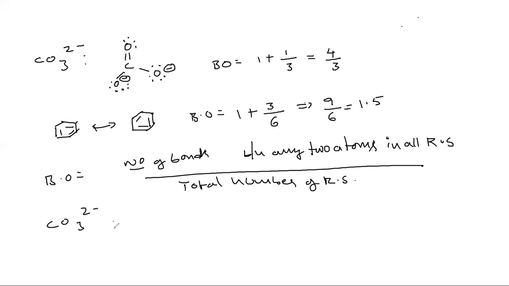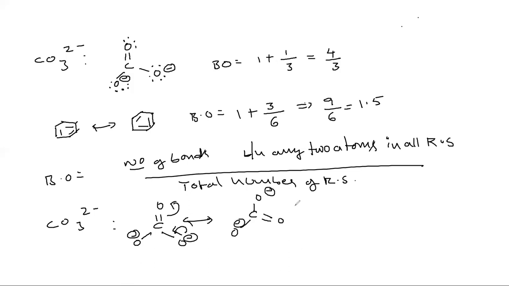Carbonate ion. The possible resonance structures are C double bond O, O minus, C double bond O, O minus. So this is one of the resonating structures. If the negative charge migrates like this, we will get one more resonating structure.